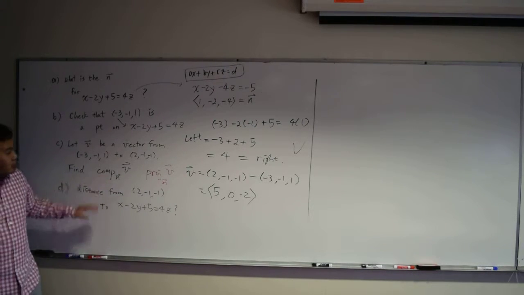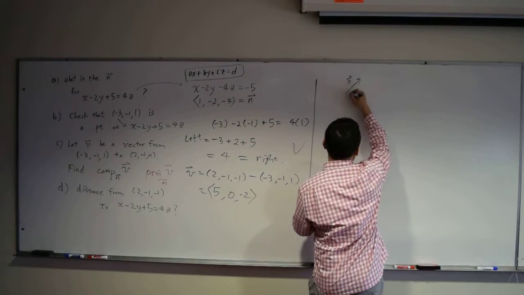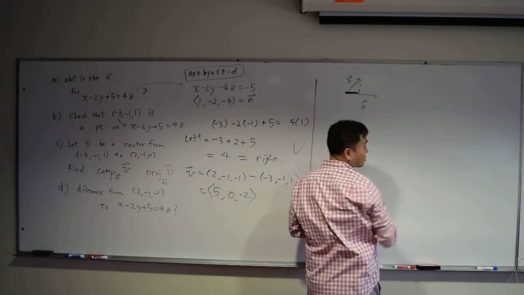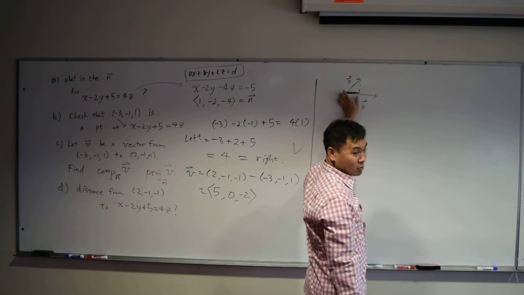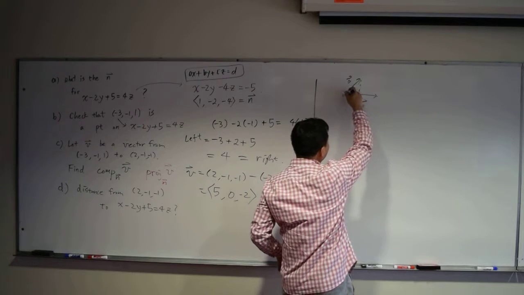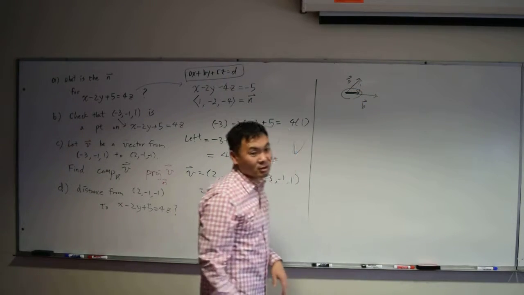So basically, the picture is this. If you have two vectors, A and B, component looks at this length right here. How much of this vector is actually in B's direction? That's what component does. Projection turns this into a vector. If you make the vector going that direction, that's called projection.